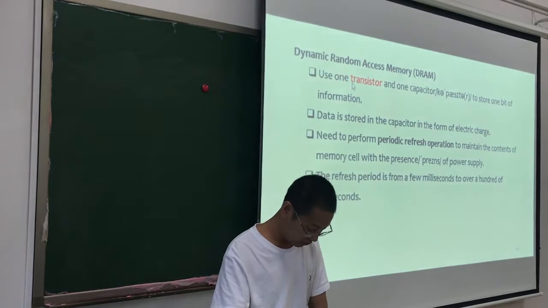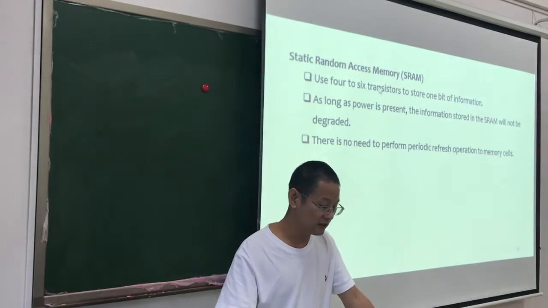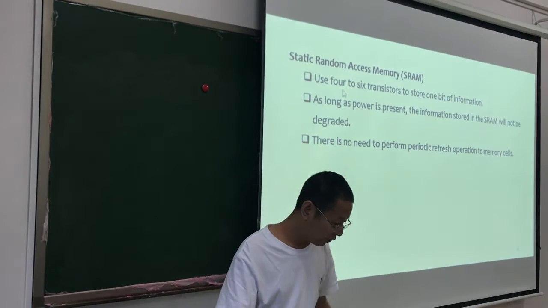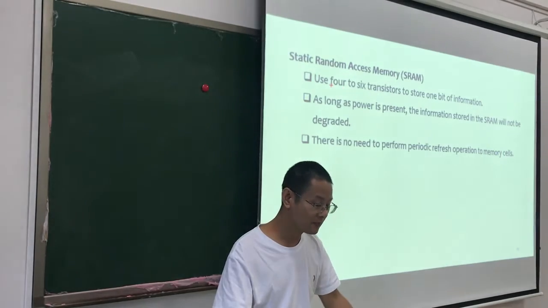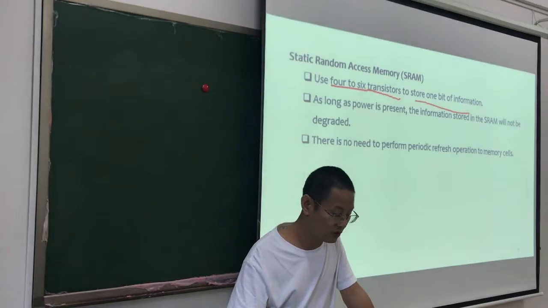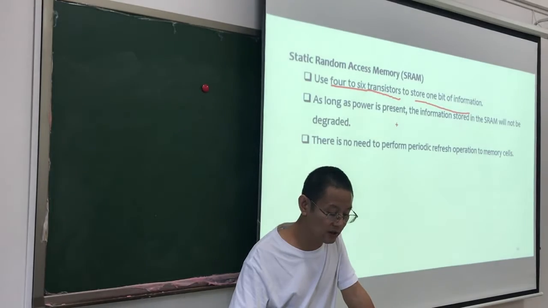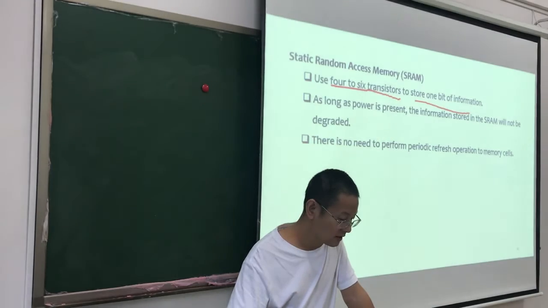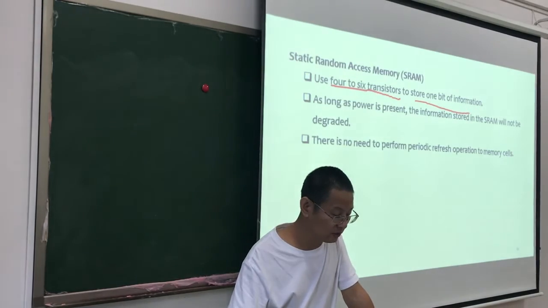So you can see that the data stored in the SRAM is reliable. As long as the power is present, the information stored in the SRAM will not be degraded. There is no need to perform a periodic refresh operation on the memory cell.